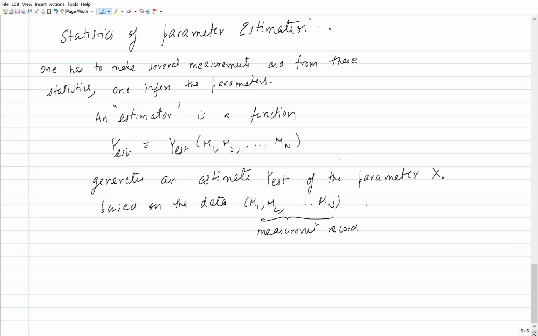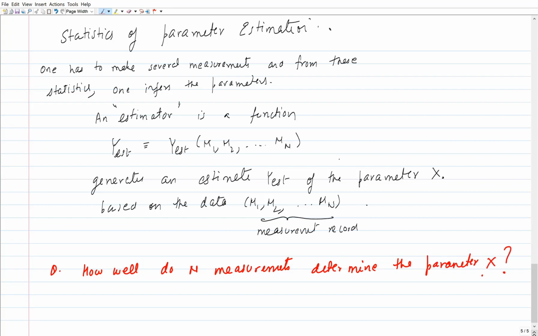So now the question arises, how well do n measurements determine the parameter x? Remember, x in our case, in the example we just saw in quantum metrology, was the frequency omega.